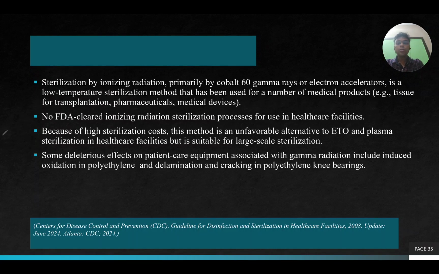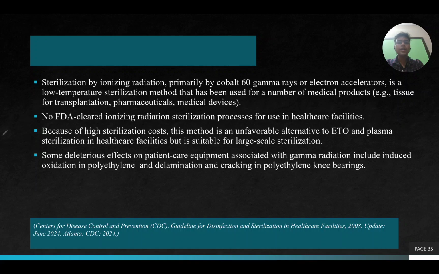Well, if we go into the details given by the CDC guideline for disinfection and sterilization in healthcare facilities, we find that cold sterilization is the sterilization given by ionizing radiation, primarily by the cobalt 60 gamma rays or the electron accelerators. It is a low temperature sterilization method that has been used for a number of medical products like tissues for transplantation, pharmaceuticals, medical devices.